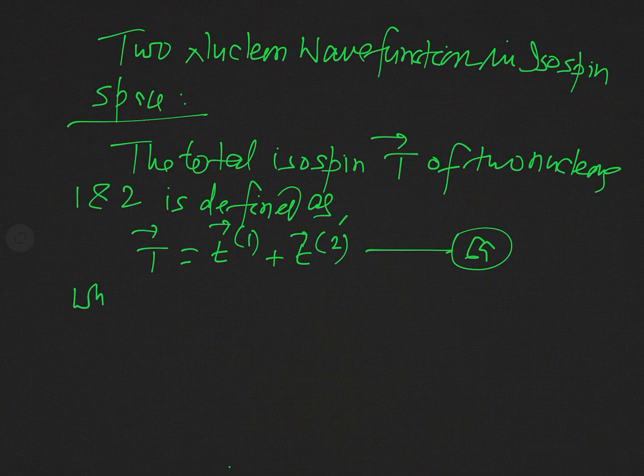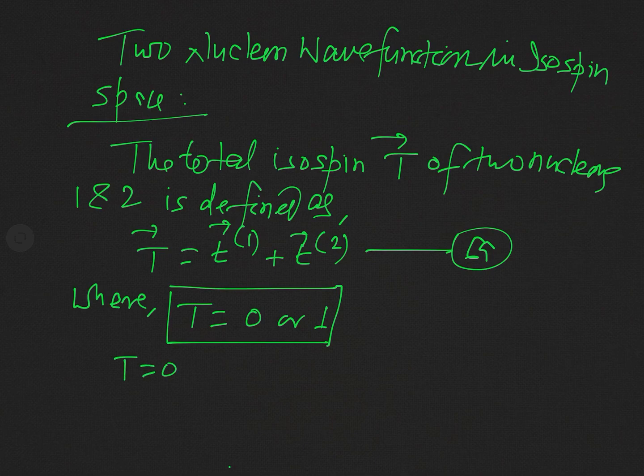The value of this total isospin is 0 or 1, where T is equal to 0 or 1.